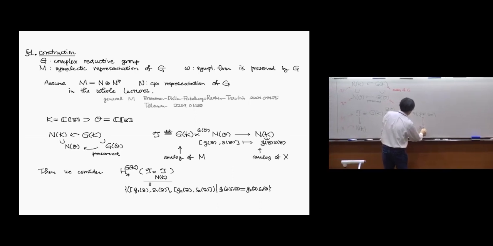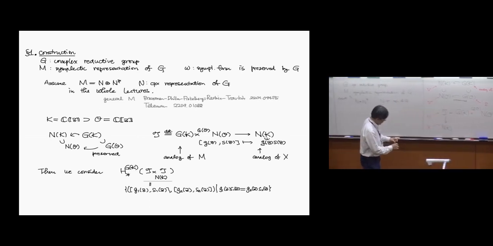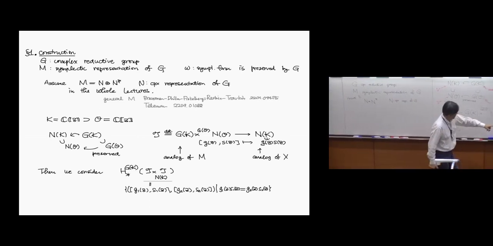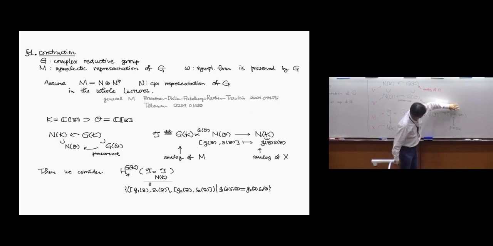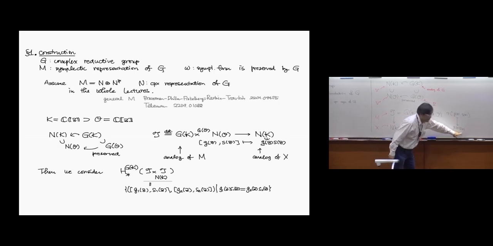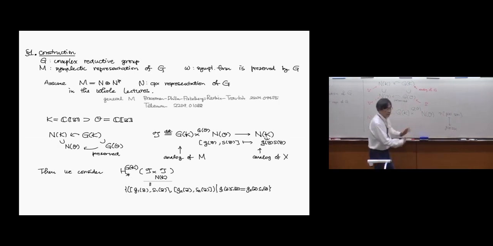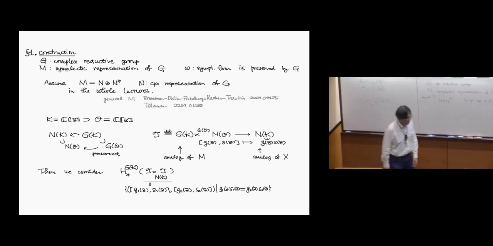So you multiply G of Z times S of Z. So originally, S of Z has value in N of O. That means there are no negative powers. But the G of Z contains negative powers. So if you multiply, this is a formal Laurent power series. It could have negative powers. Okay?